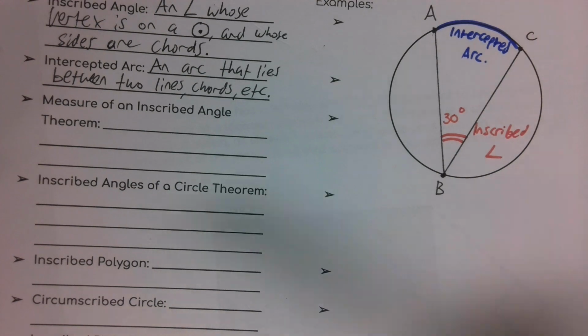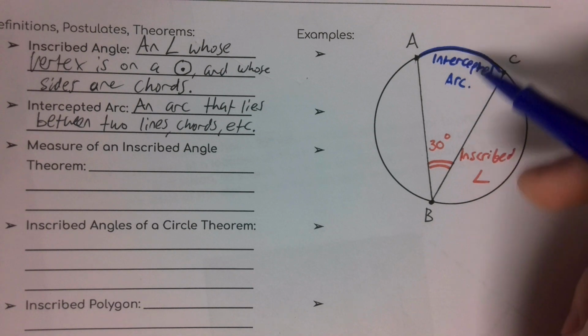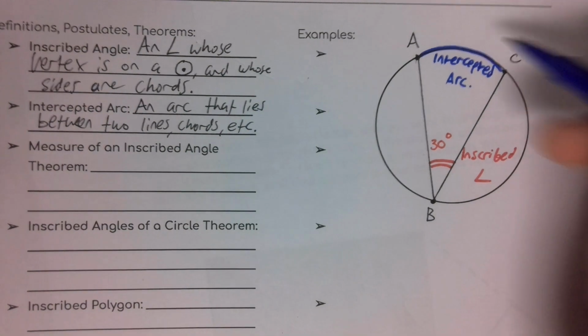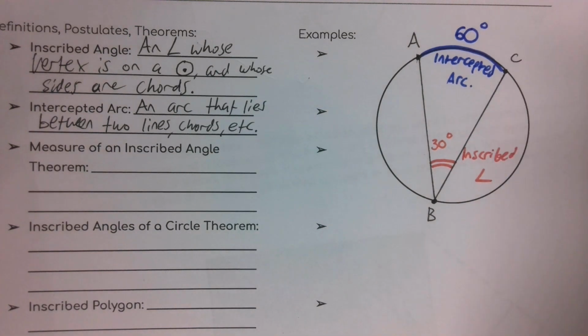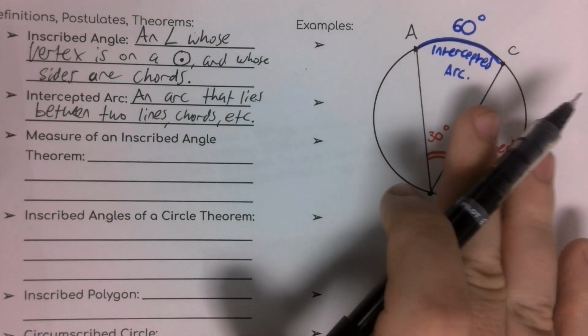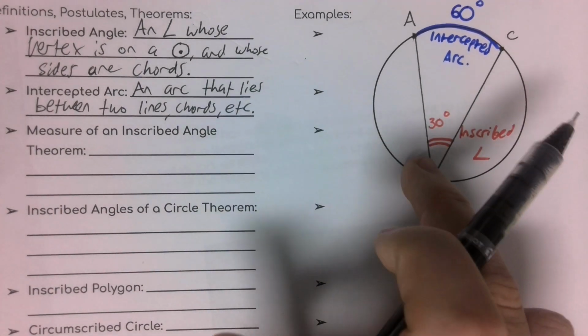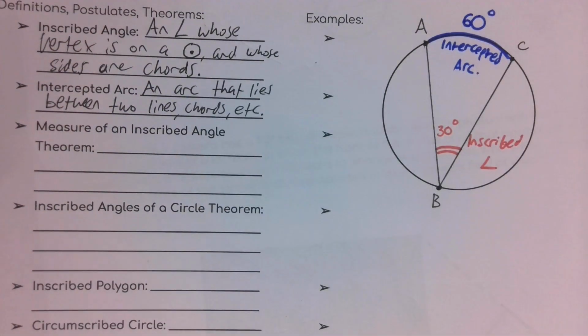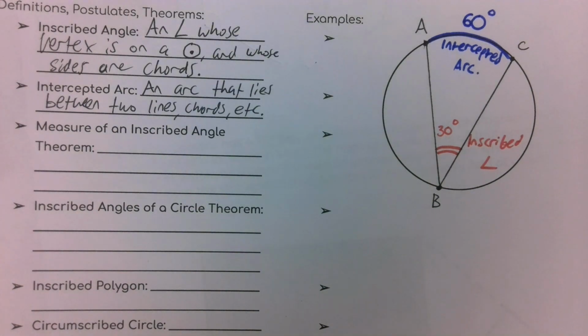Now here's the interesting thing. Our inscribed angle is always going to be smaller than the intercepted arc. The intercepted arc is always going to be double the inscribed angle measure. So if you know your arc is 60, cut it in half, you get your inscribed angle. If you know your inscribed angle is 30, double it, and you've got your intercepted arc. You can go back and forth, either cutting it in half to get the angle, or doubling the angle to get the arc.